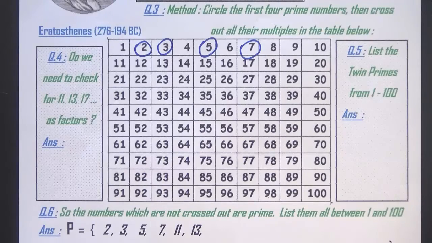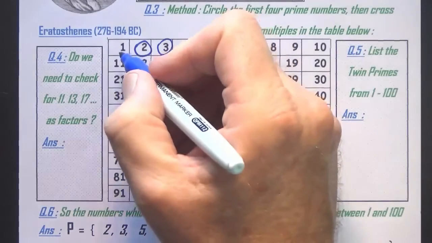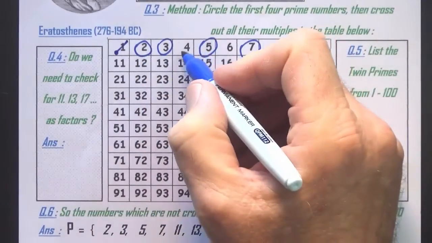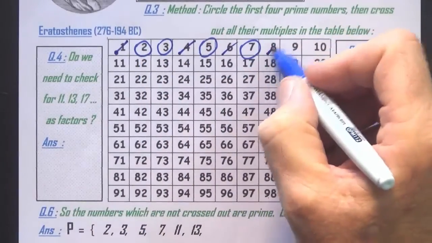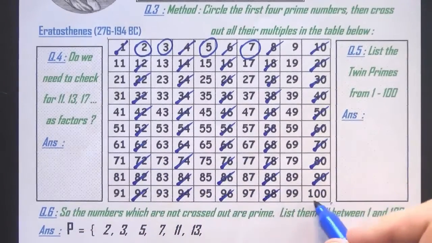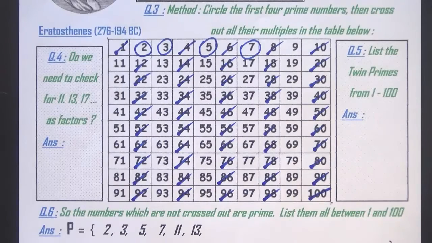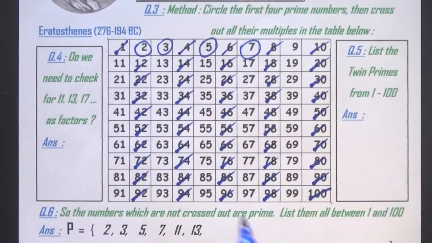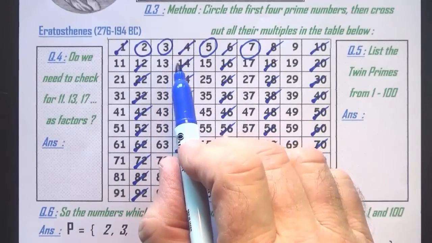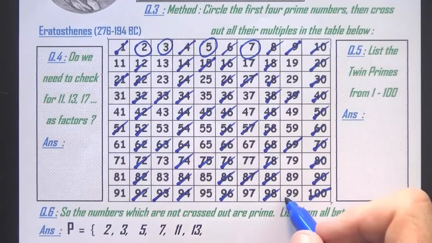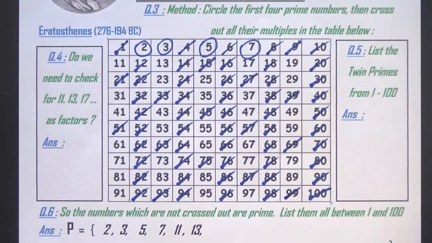So first of all, as I explained already, 1 is not prime. The multiples of 2 start with 4, 6, 8, 92, 94, 96, 98, 100. Now, 3. But you'll find that some of these have already been crossed out. 93, 99.